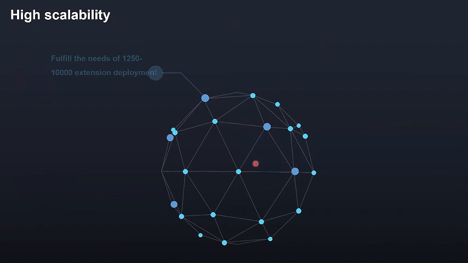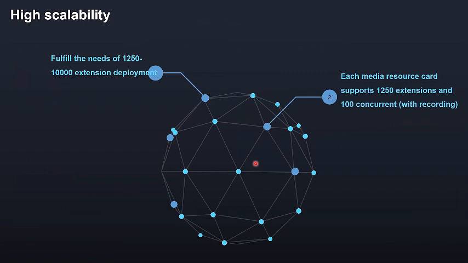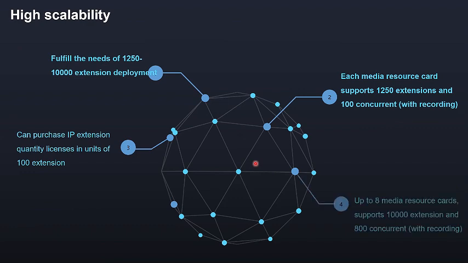Yep. With regards to high scalability, we fulfill the needs of from 1,250 up to 10,000 extensions deployment. Each media resource card supports 1,250 extensions, and of course 100 concurrent calls with recording. You can purchase the IP extension quantity licenses per 100 extensions.